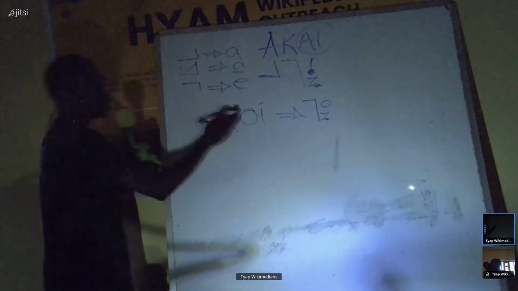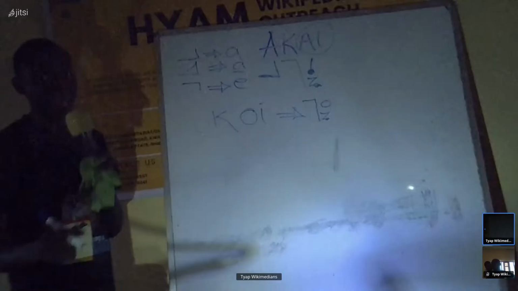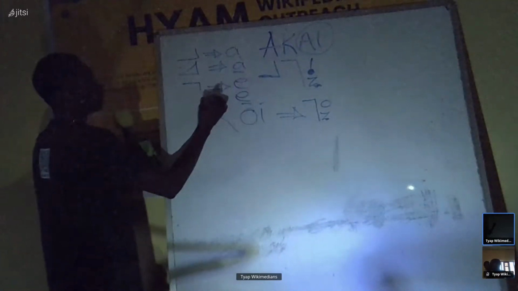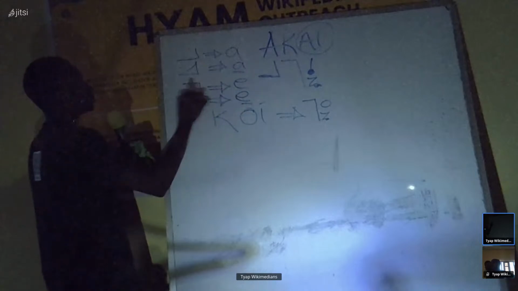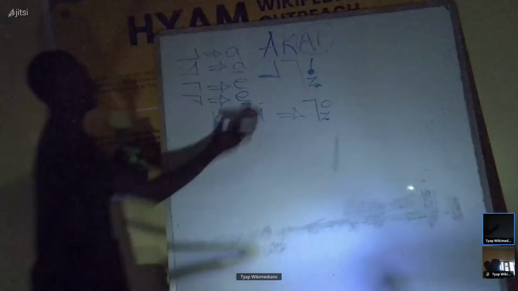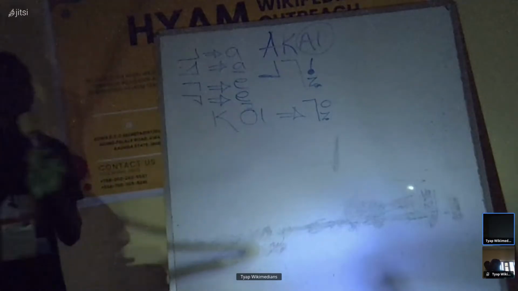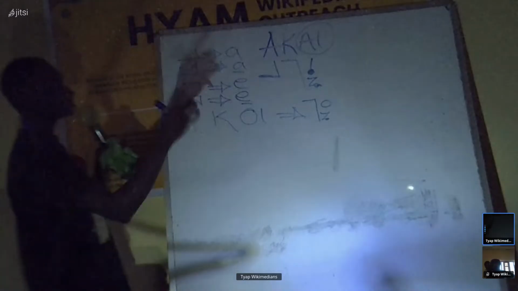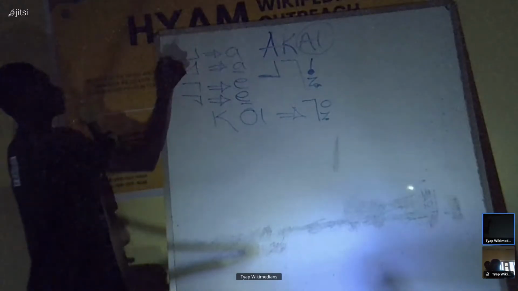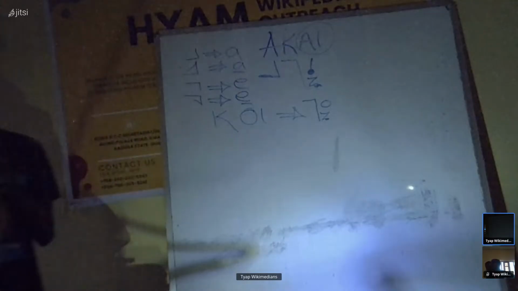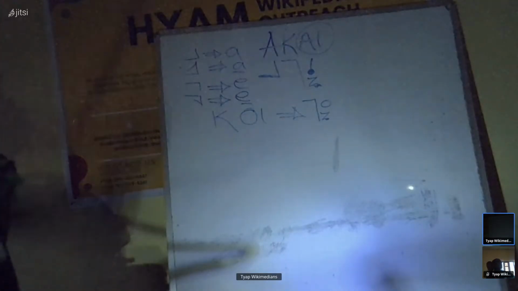But for Hyam, Hyam has the E, the open E. So we'll have the E for Hyam. So Hyam would use four of them in 2 ways. So this is when you are starting it at the very beginning. Camera, can you snap it?